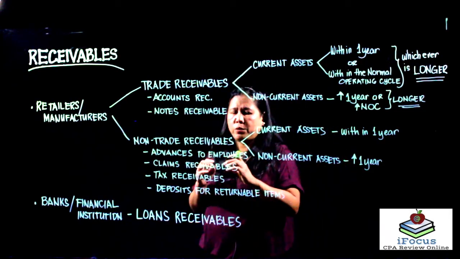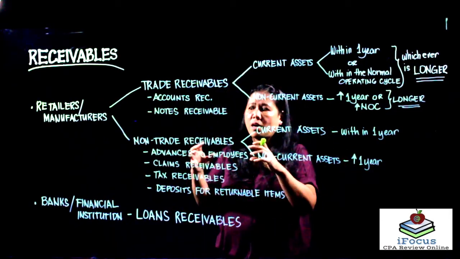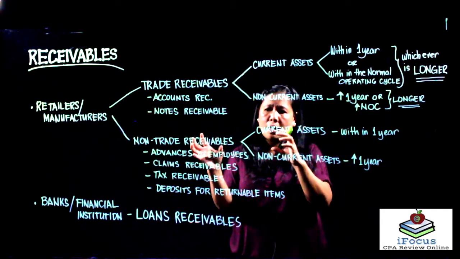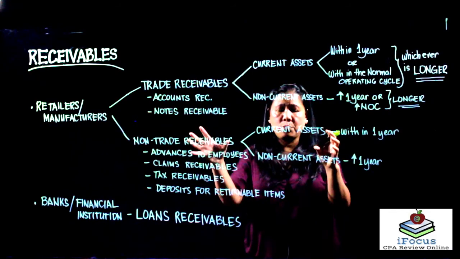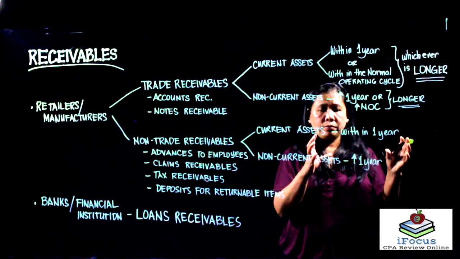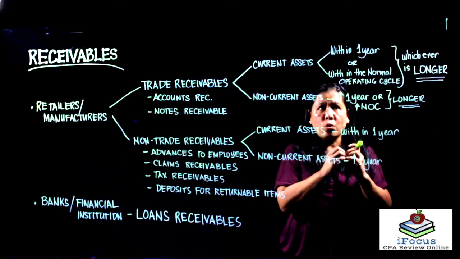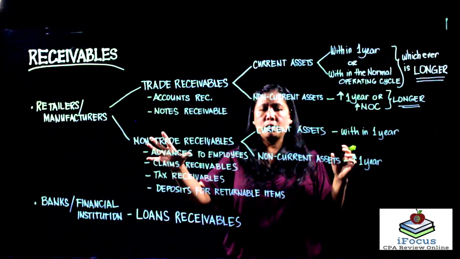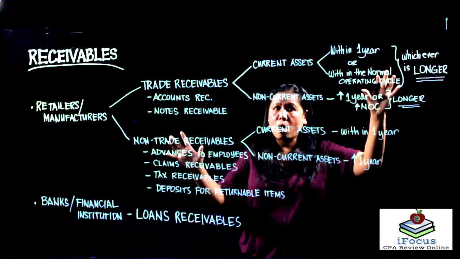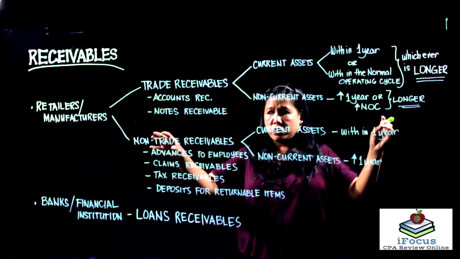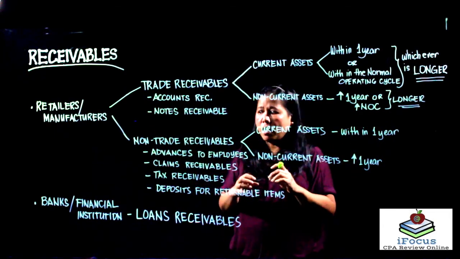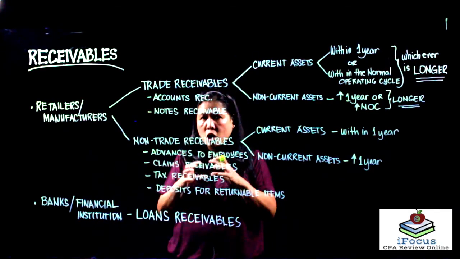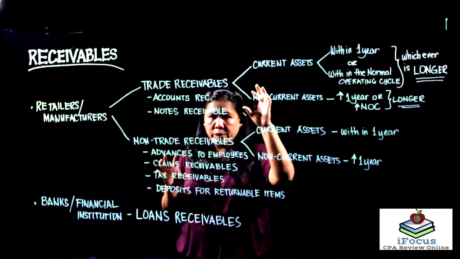For non-trade receivables, we classify a non-trade receivable as a current asset if the collectibility of the receivable is within 1 year. We ignore the normal operating cycle when it comes to non-trade receivables, because a non-trade receivable is a contractual right to receive cash from sources other than the ordinary course of business.